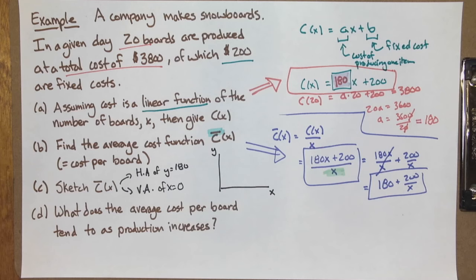Because they don't work. You can't have a negative number. Yeah, you can't make a negative number of snowboards. You can't be like, I made negative 5 snowboards. Bring 5 snowboards in, and there's no snowboards left. You know, there's not the anti-snowboards out there. So it only makes sense to talk about what's going on for x greater than or equal to 0.